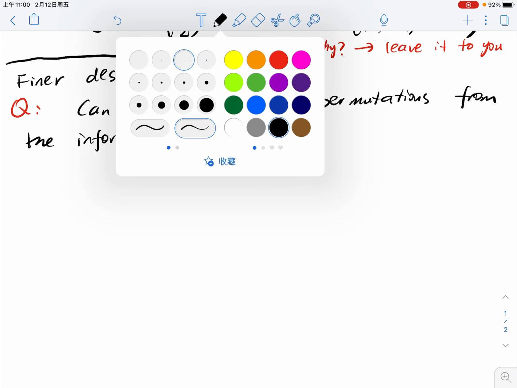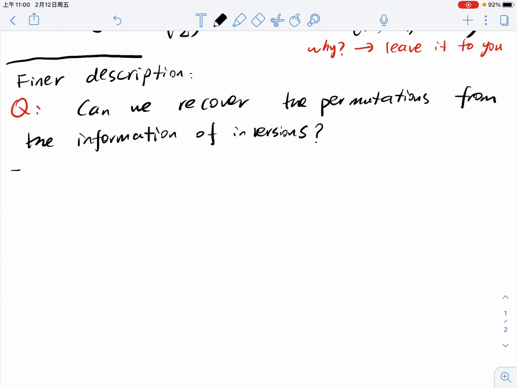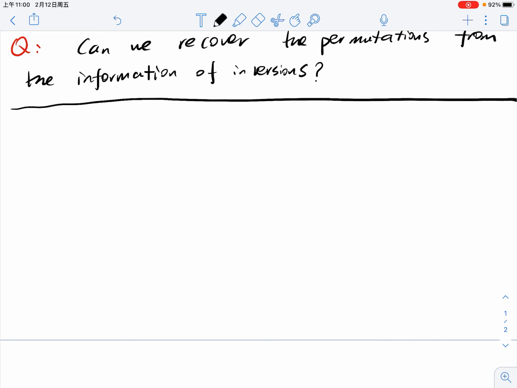The answer is yes, but before we give the explicit description, we introduce the following notation.